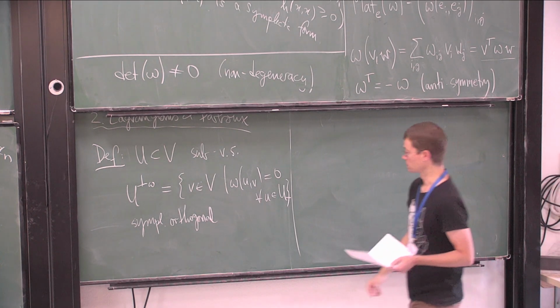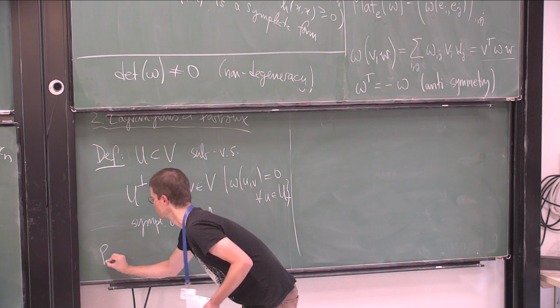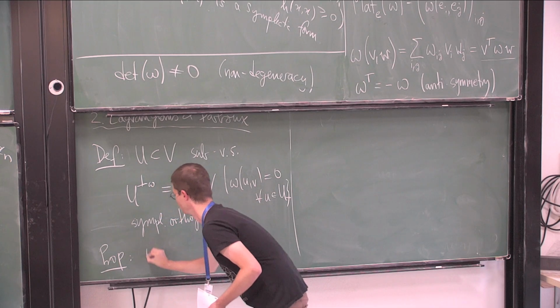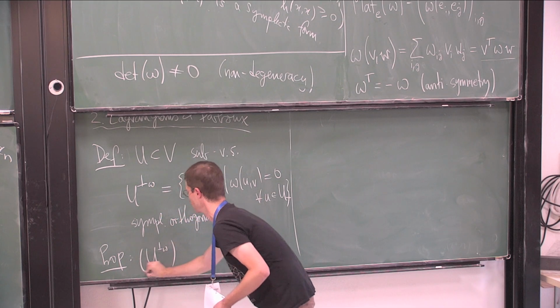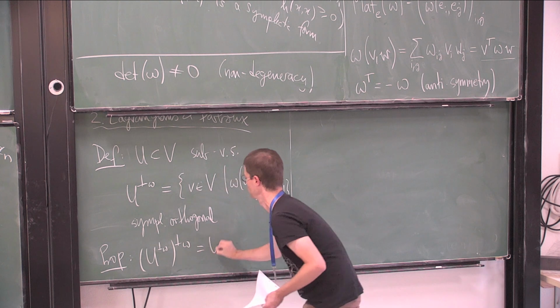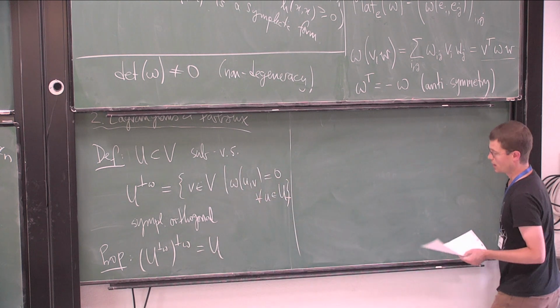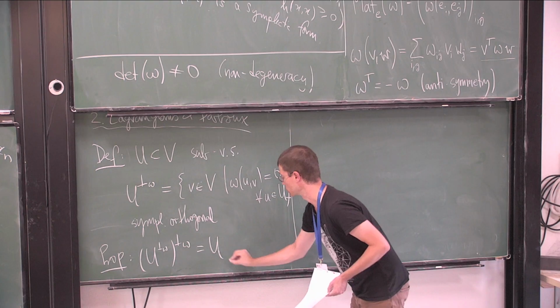For example, an easy property is that whenever you do it twice, you take the orthogonal of the orthogonal, you get U itself.